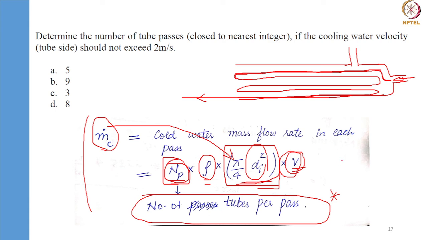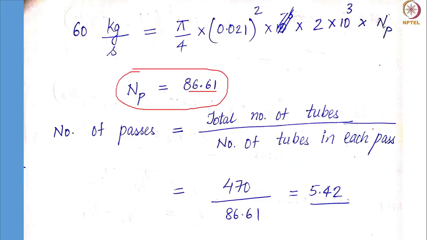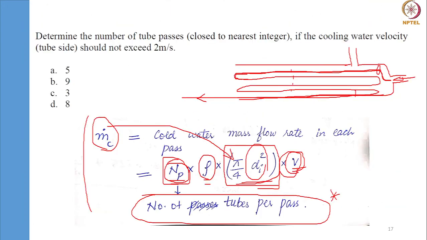I have 5 such passes: first pass, second, third, fourth, and fifth. In each pass, again I have 86 tubes.